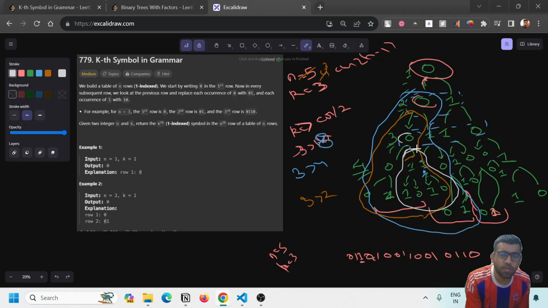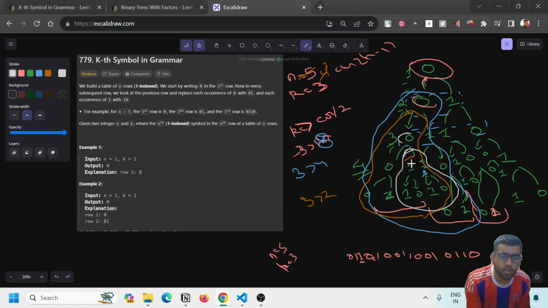But right now, since k was greater than 2, we need to go on the right side, and on the right side it's going to be 1. It's pretty evident, because previously it was 0 and we're going to the right, so it's going to be 1. It's not going to be 0.